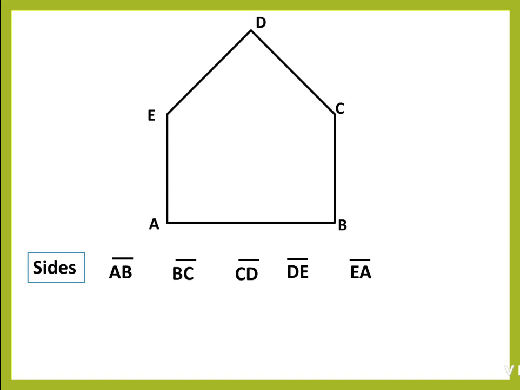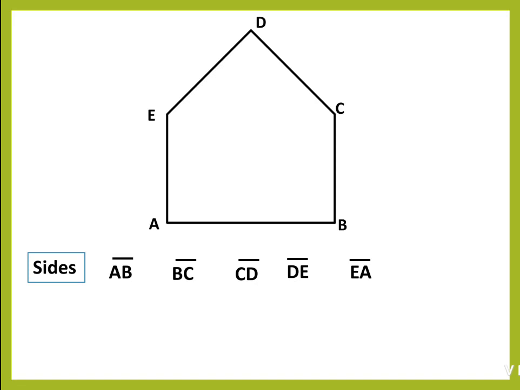Next, we have to see here 5 points. This shape has 5 points. That means this shape has 5 meeting points. Listen very carefully to the screen. Consider line segment EA. That is side EA and AB.